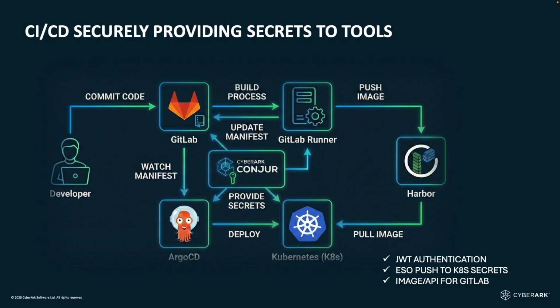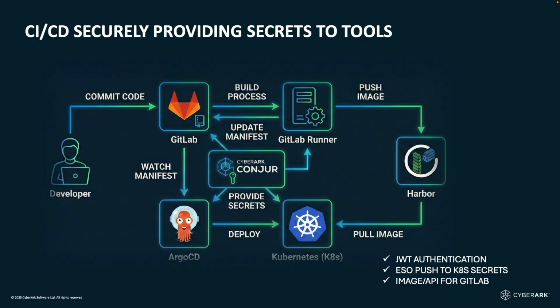Conjur can provide it to them using the out-of-the-box solutions that CyberArk supports, like ESO push to secret, or the image built by CyberArk and provided to the end user, or you can just use an API call to connect to Conjur directly, requesting the secret for the other activity.